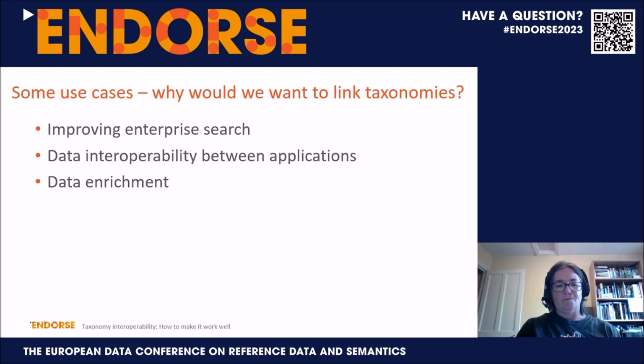So where taxonomies come in helpful, they're very useful to have in search anyway. But if you're searching across those multiple repositories, you can benefit from the ability of a taxonomy to store synonyms, to control filters and facets on the user interface.